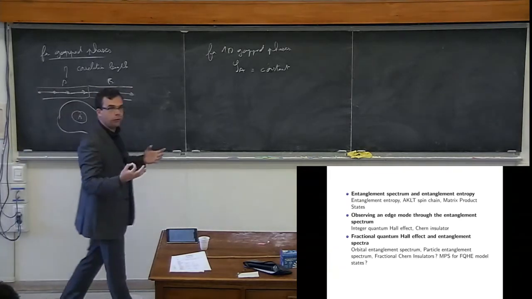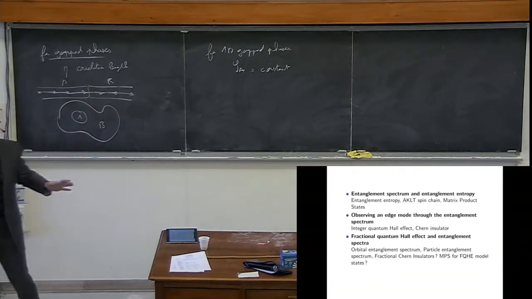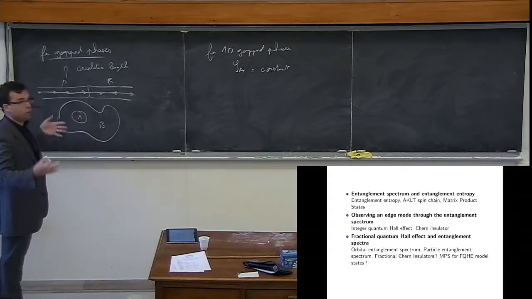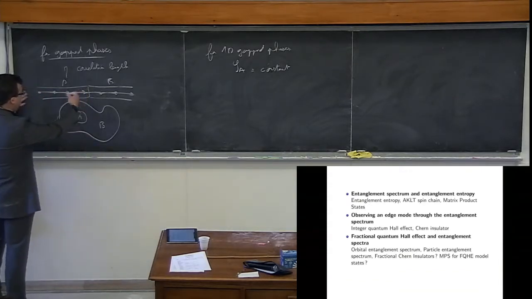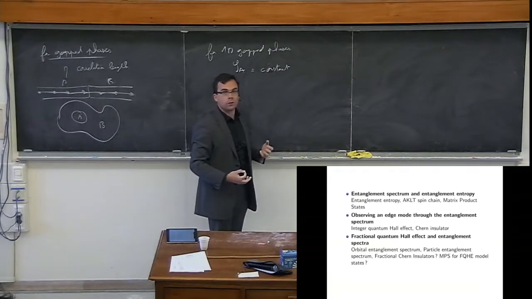So that's quite a different feature from the random state. If you take, once again, a 1D system, you take a random state, you will get that the entropy grows linearly with the volume, which will be here the length of A. If you have a gapped phase, this entropy is a constant.